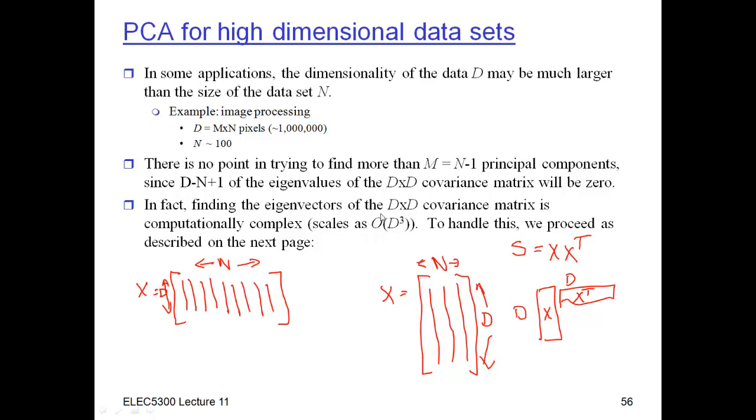So to handle this, we can say, well, instead of inverting this D by D matrix, if most of them are going to end up 0 anyways, because I only have n pieces of data, maybe I should try to invert a simpler matrix, that doesn't have me do all that extra work just to get a whole bunch of zeros.